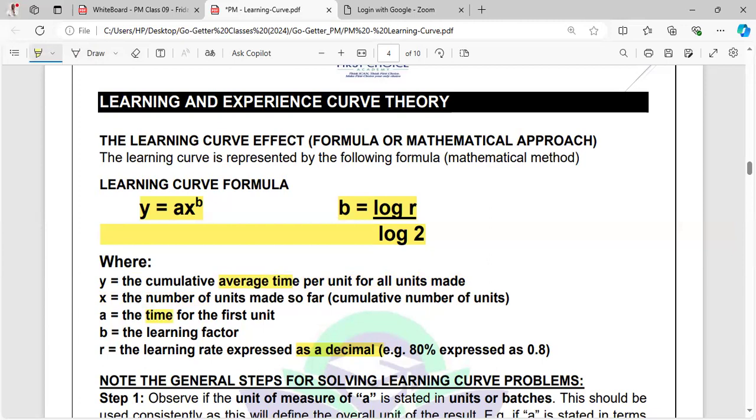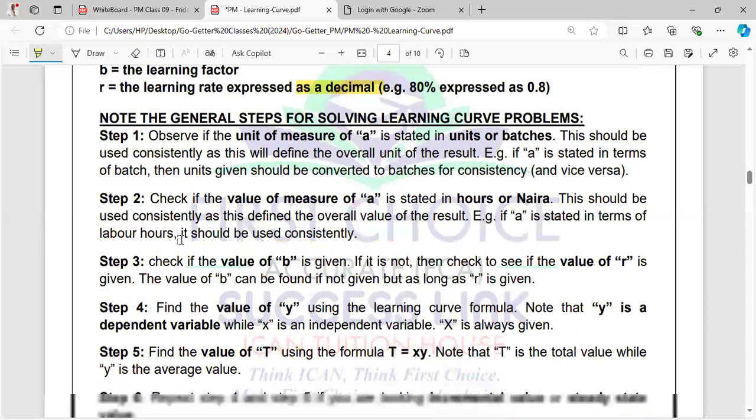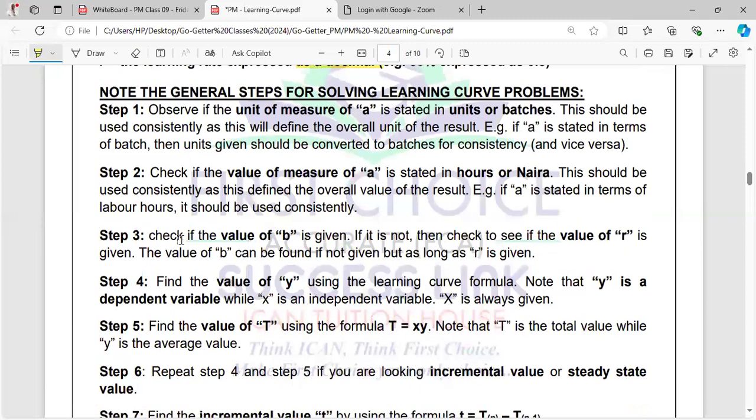Let's look at the keys, the steps to solving linear learning curve problems. First of all, you need to observe the unit of measure of A. So you have to check if A is stated either in units or in batches. That is important. Anyhow it is being stated, that is how your answer would be.